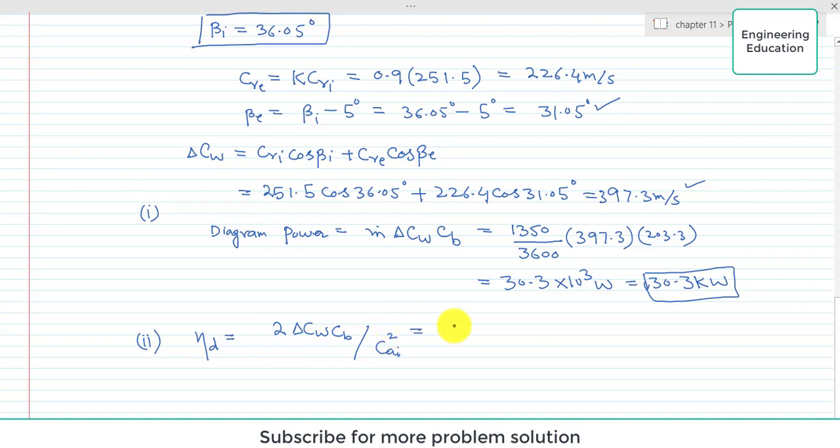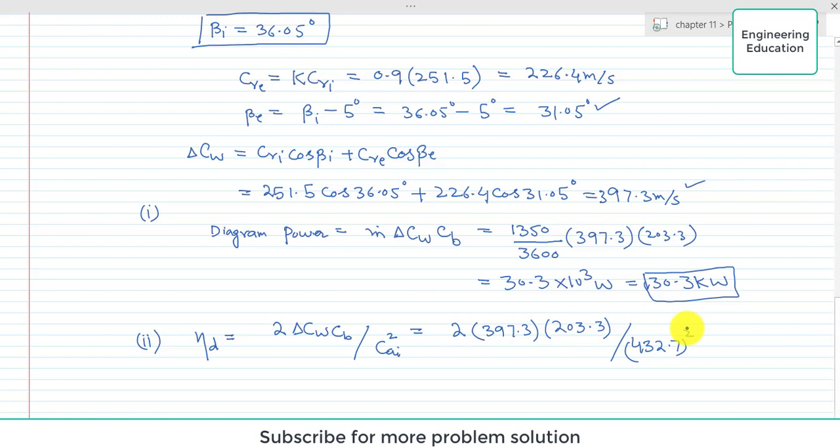So putting the values, 2 into delta CW is 397.3 meter per second, and CB is 203.3, divided by CAI square, CAI being 432.7.